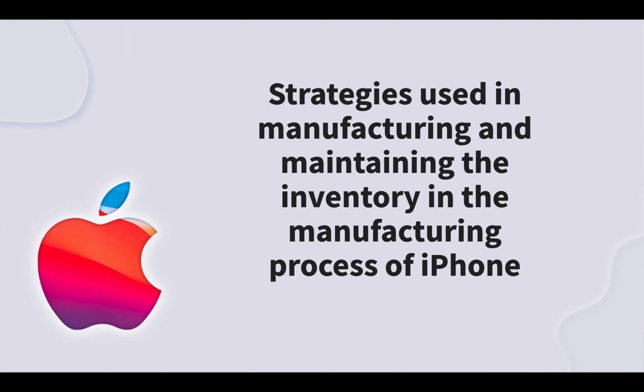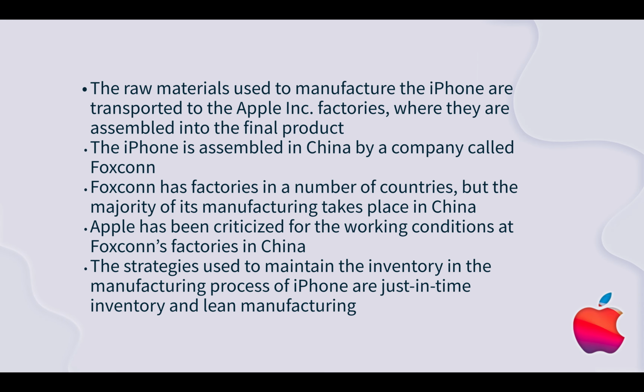Strategies used in manufacturing and maintaining the inventory in the manufacturing process of the iPhone. So the raw materials used to manufacture the iPhone are transported to the Apple Inc. factories where they are assembled into the final product. The iPhone is assembled in China by a company called Foxconn.